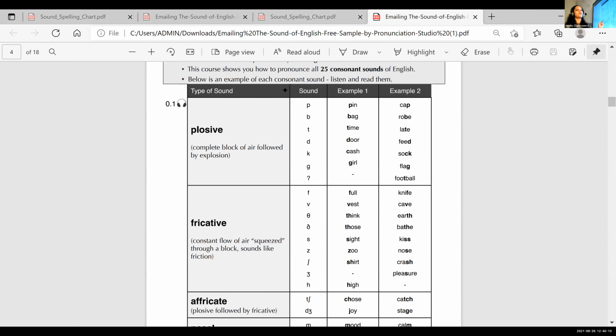You have the th sound like in those, bathe. And you have s like in sight, hiss. Like zoo, nose. Shirt, crash. Pleasure. And h like in high. Okay? So now do you remember the fricatives?